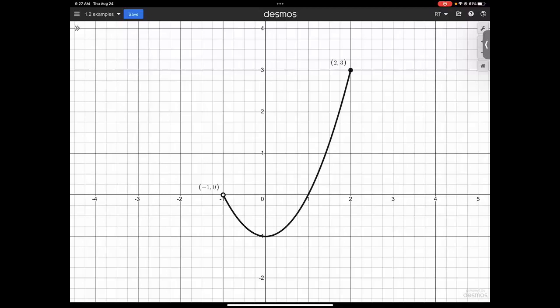And how should I do the endpoints? Does it look like it actually goes through -1? Yes. This will change a little bit later in the semester. We'll have to come back to this concept and work on it a little bit more. But for now, if a thing looks like it goes through somewhere, then it does.